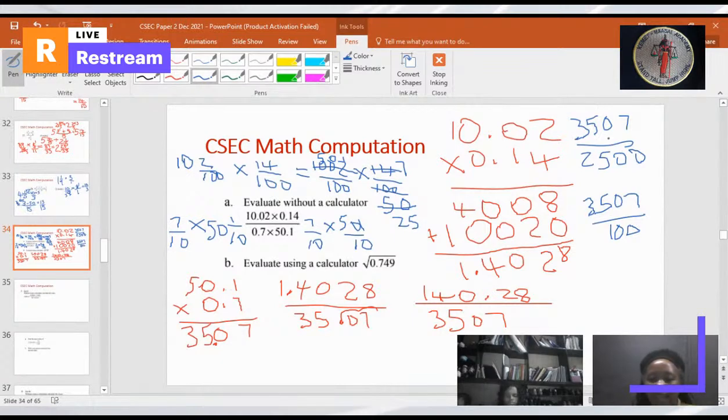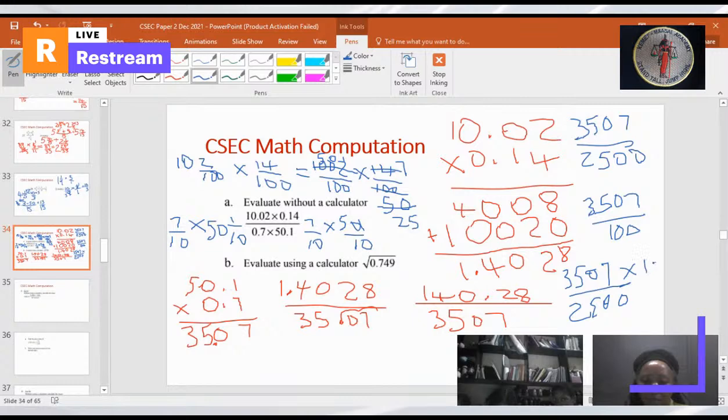So we're dividing this by this. Let me just work it. So we have 3507 over the 2500, divided by this. Now we're going to change the division to multiplication and invert.